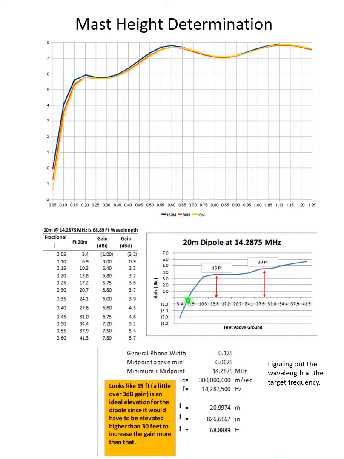We get here, and this is where we operate on the tripod, and it's not showing too well compared to what we get if we can elevate it. We continue to increase the height, and at 15 feet we get up to about 3.5 dB. Then we notice that this not only flattens out, but it kind of dips down, and you don't start getting increased gain until you get close to 30 feet elevation.